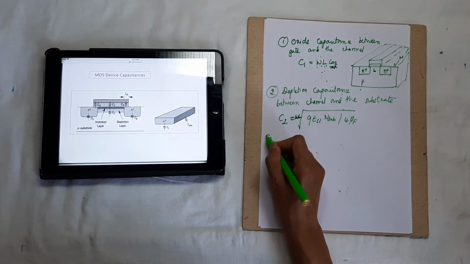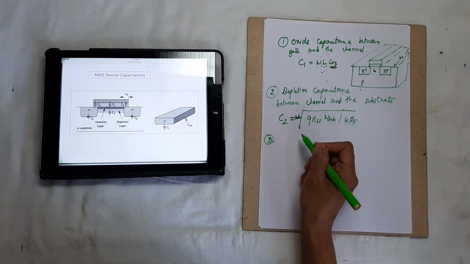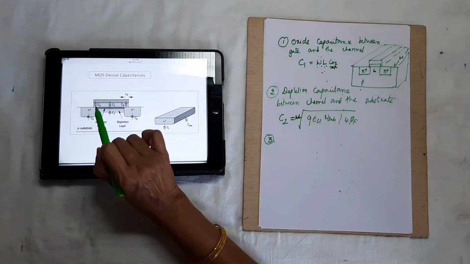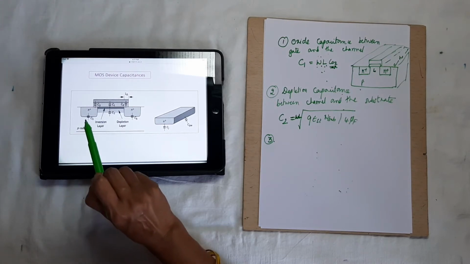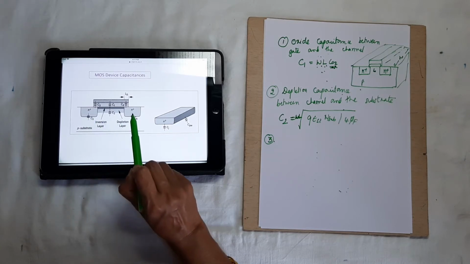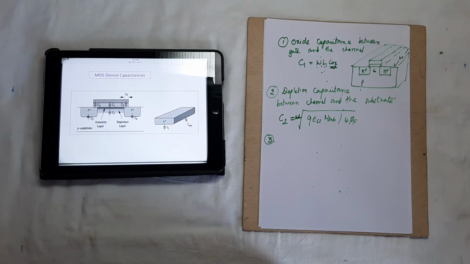The third capacitance is due to the overlap of the gate poly with the source and the drain areas. Look here, C3 and C4. These are the capacitances which overlap on the source and the drain areas.